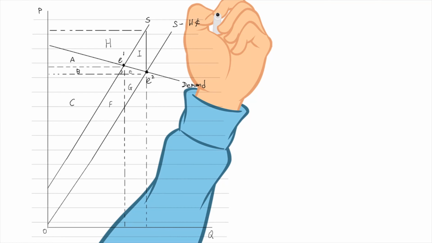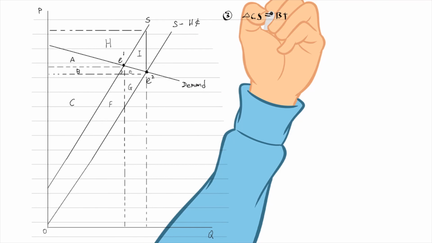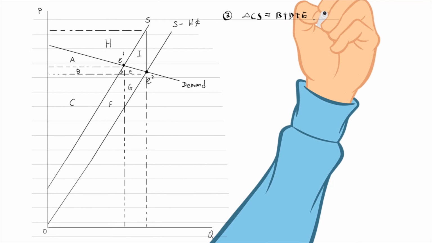In the third step, we find the effect of the subsidy on consumer surplus, producer surplus, and social welfare. The consumer surplus increases by the area of B plus D plus E. We then use a trick to find the change in producer surplus.